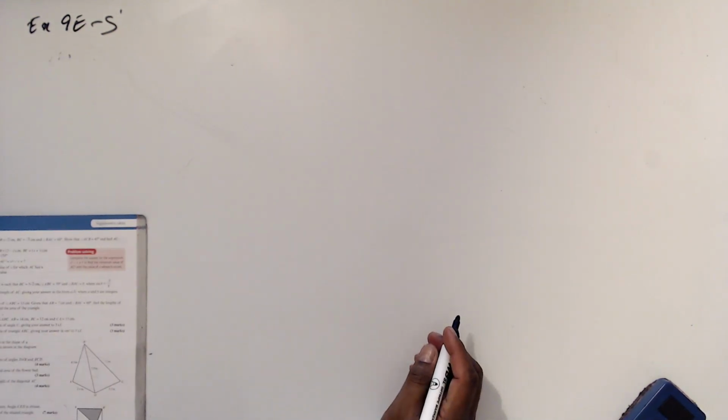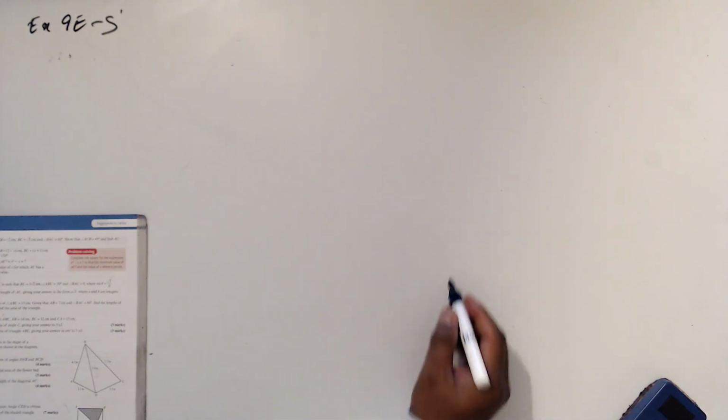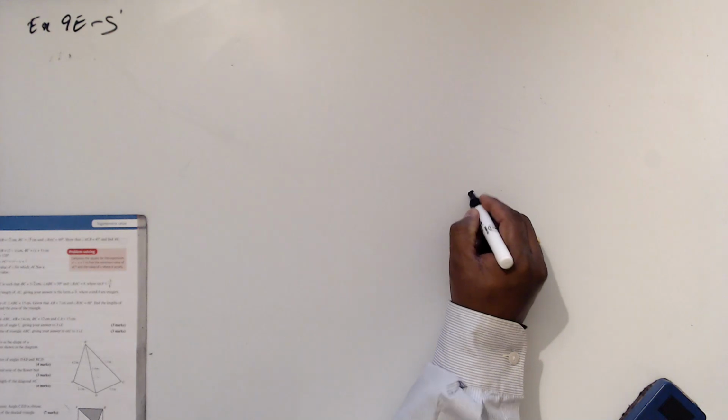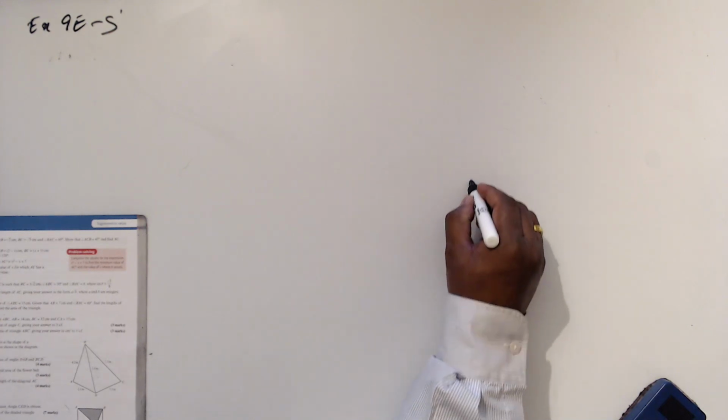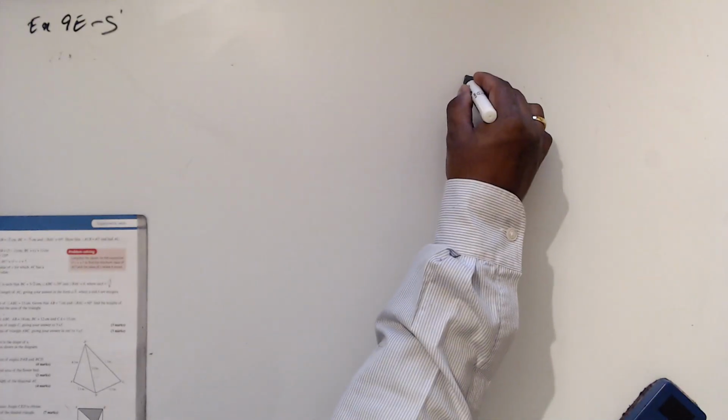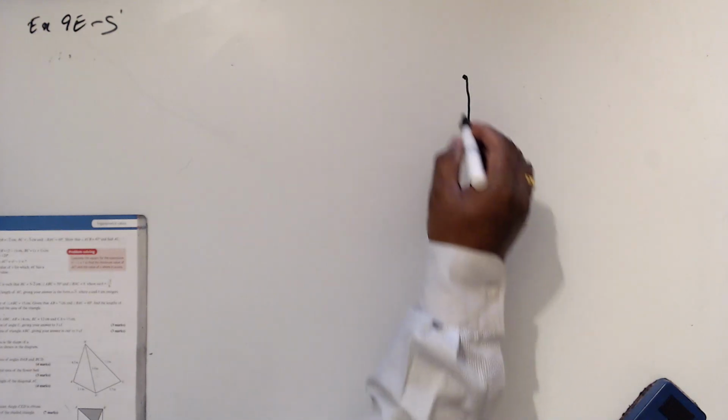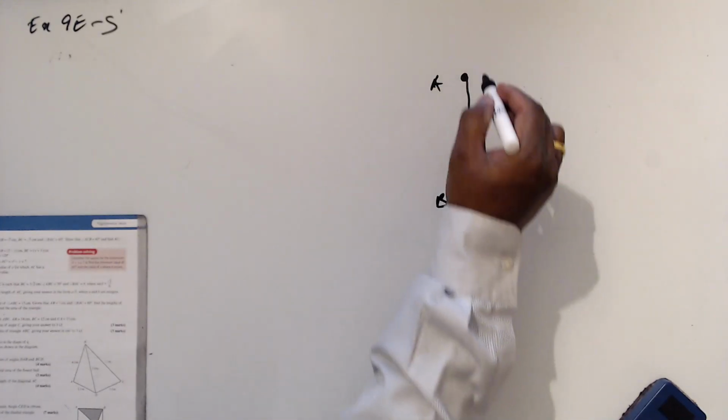Question number 5. Two radar stations A and B are 60 kilometers apart, and A is due north from B. If this is B, A is 60 kilometers away.